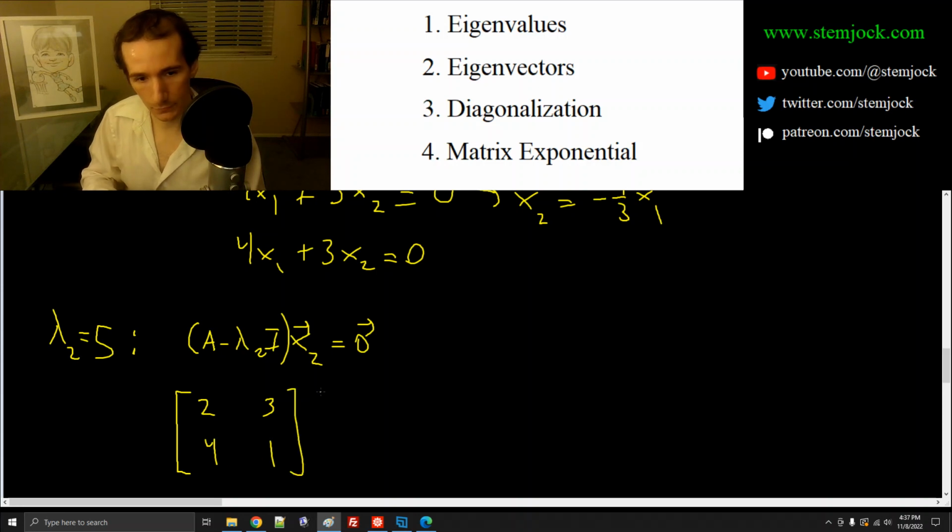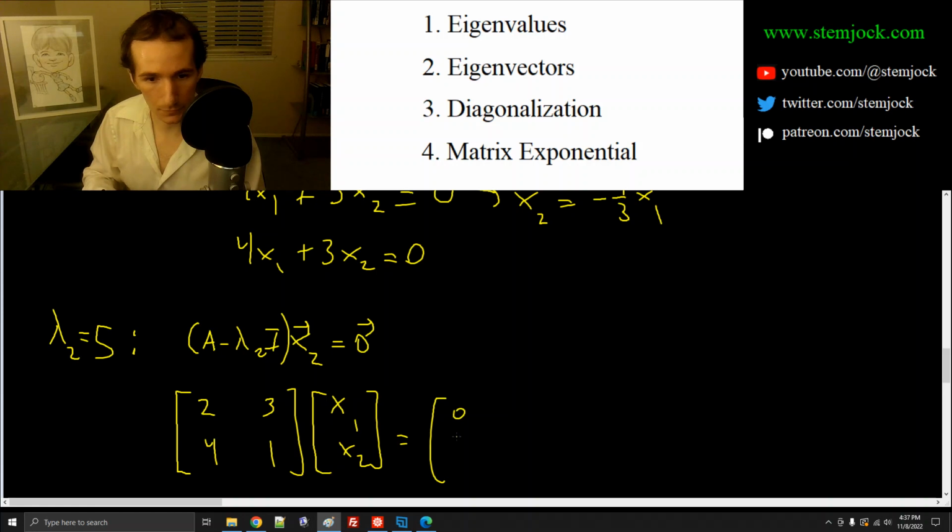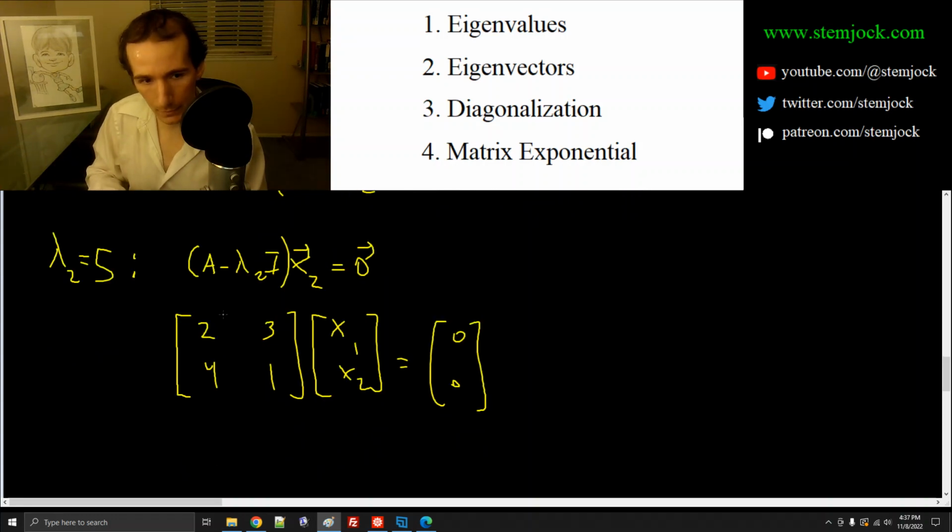And for x2, I'm just going to use x1 and x2 as before, equals the 0 vector, 0, 0. So I'm going to subtract 5 from the top left and the bottom right entries. So 2 minus 5, 1 minus 5. So this is going to be negative 3, and this is going to be negative 4.